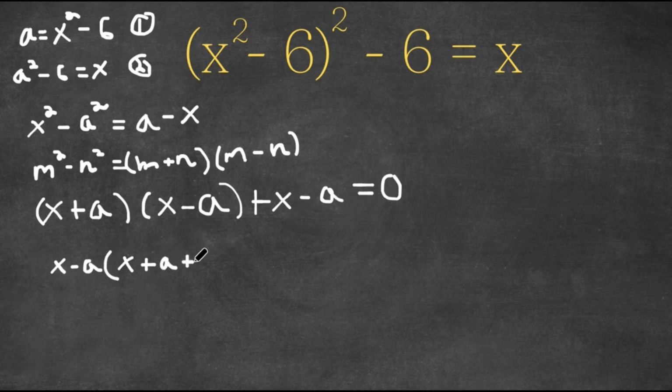So we have x plus a plus 1, and this is equal to 0. So now this would actually give us two equations. We would have x minus a is equal to 0. And for this, if we add a on both sides, we simply get x is equal to a.